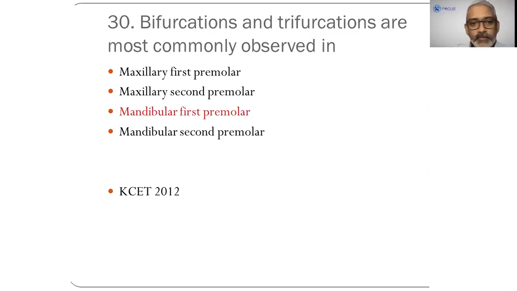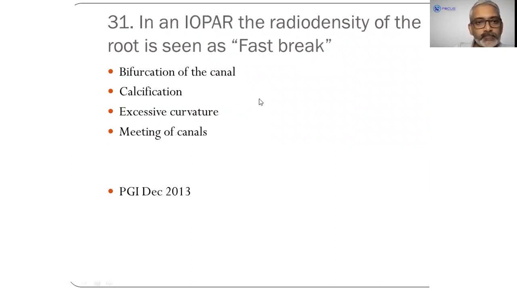Because there are a lot of bifurcations and trifurcations. Fast break. Remember, fast breaks are Weine's type 4. Bifurcations of the canals.